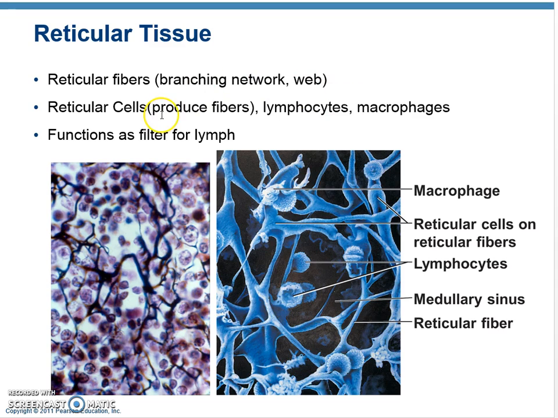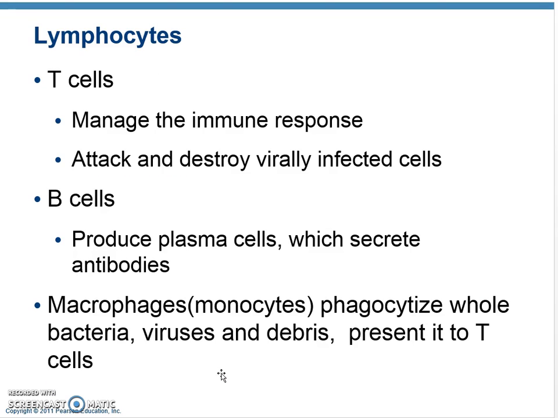So you have reticular cells that produce the fibers, and then lymphocytes, macrophages, and other cells that attach to the fibers. And as fluid trickles through this meshwork of protein fibers and cells, the lymphocytes and the macrophages can monitor and physically cleanse the lymph.